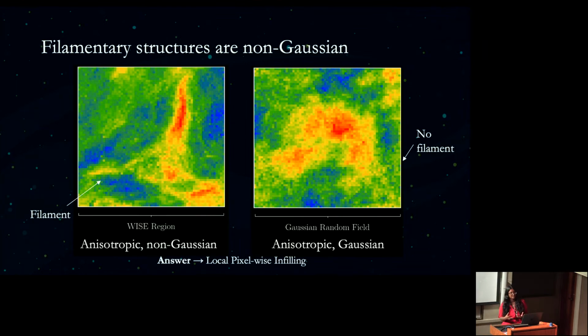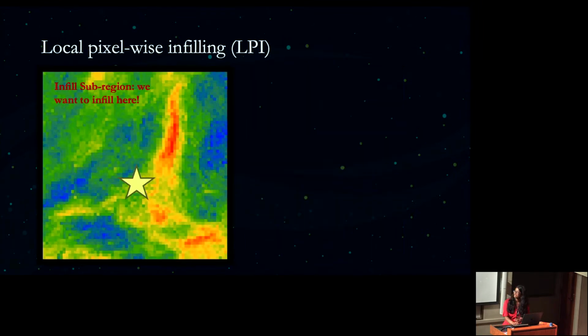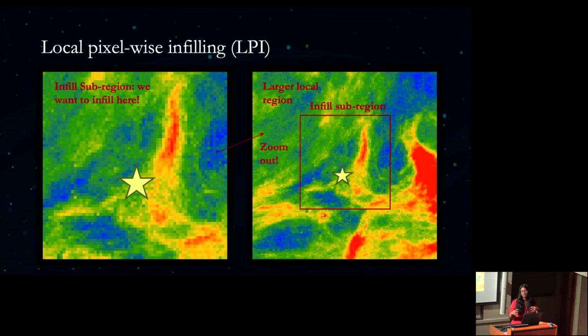One way that we can better model these filaments is by an algorithm that was developed by Andrew called local pixel-wise infilling. The question at hand is, if you have a filamentary region with a star, and we want to know what is the structure of the filament, we look to a larger local region that is outside of that specific infill subregion.